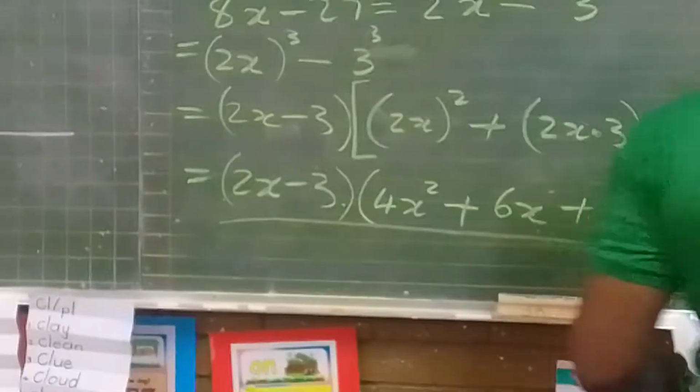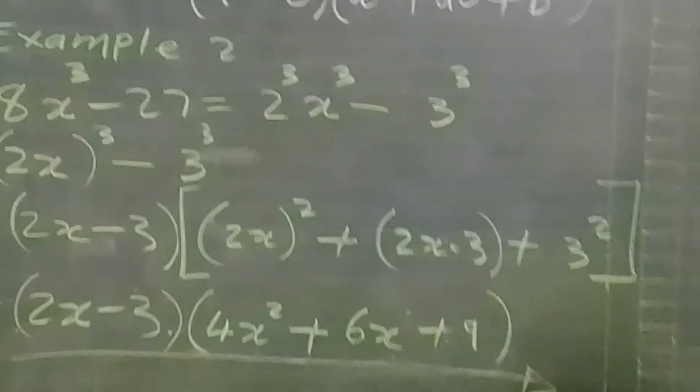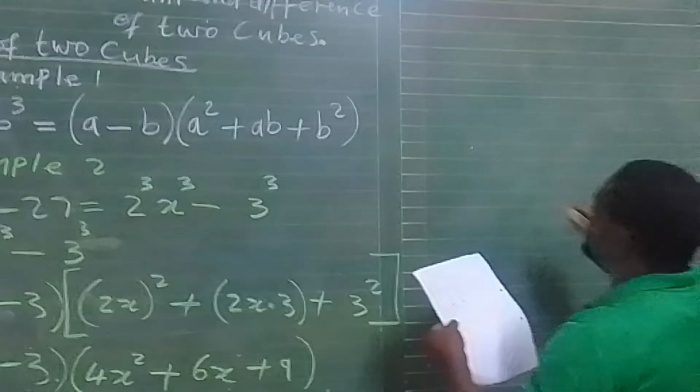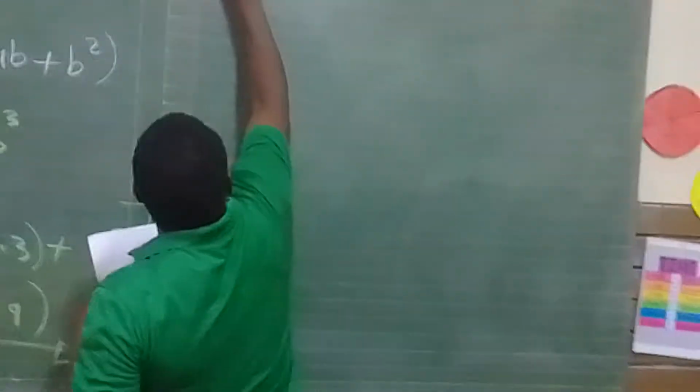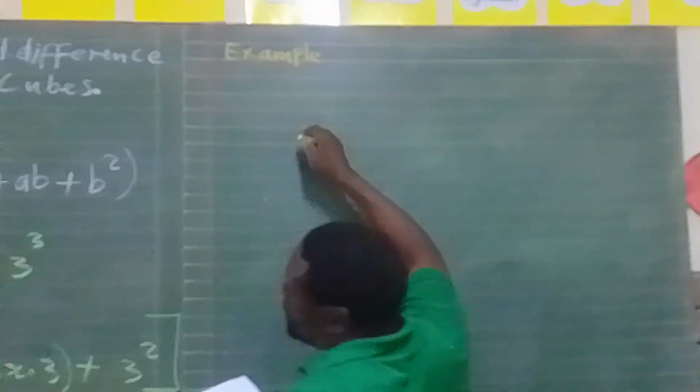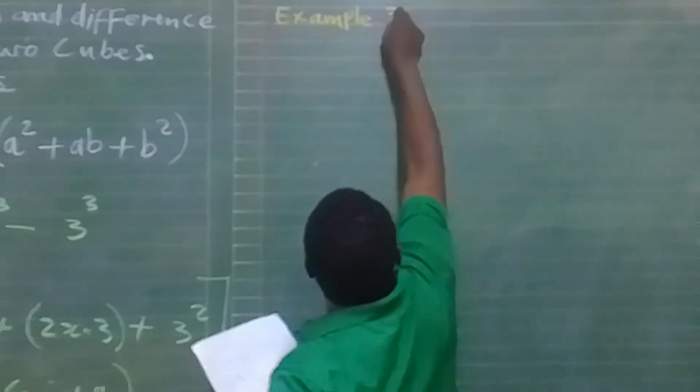Let's grab another question. This one I call a special case because it is going to stretch your brain muscles a little bit. That was example 2. This one is example 3.